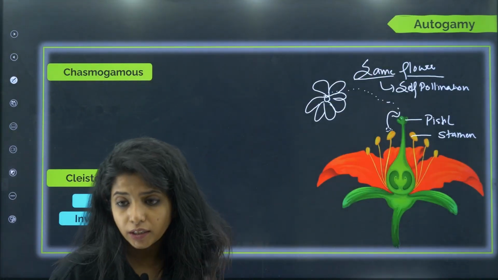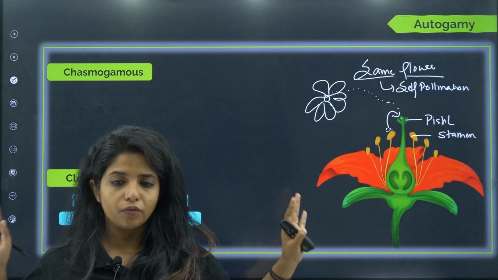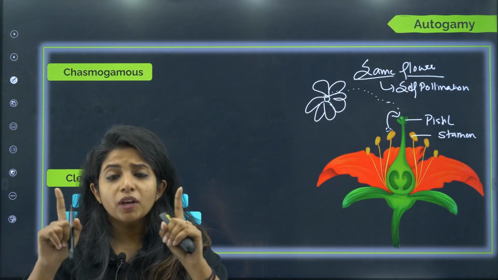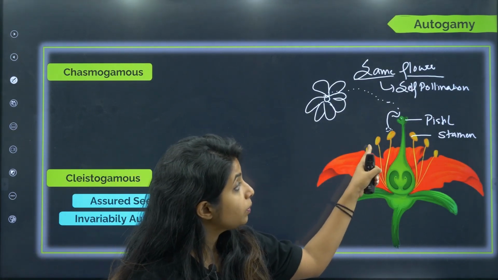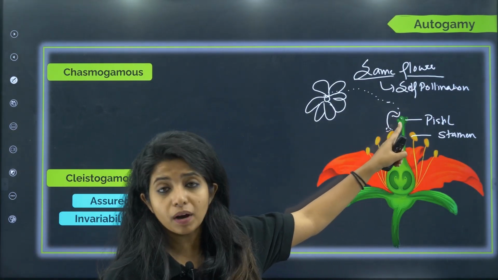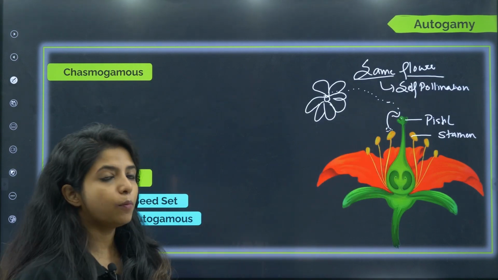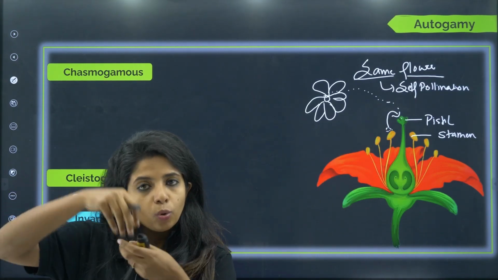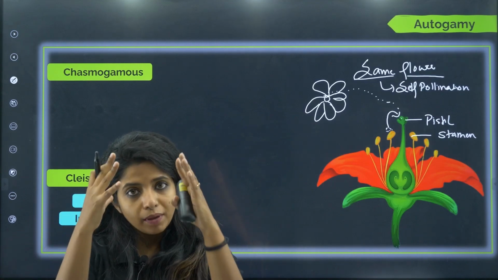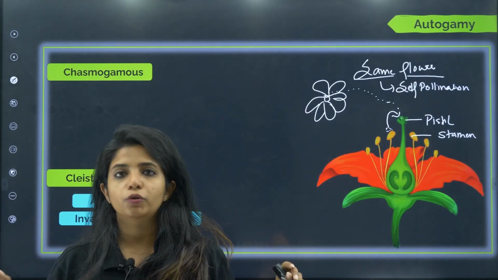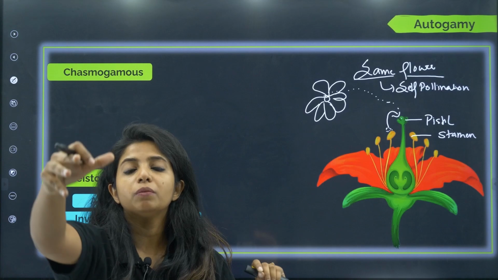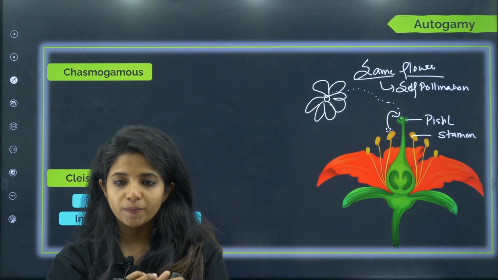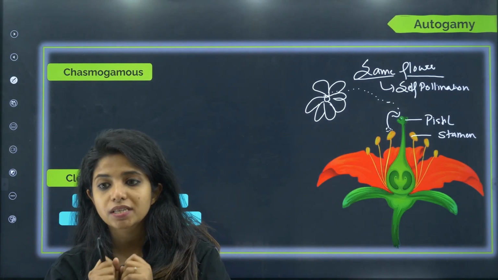Now, if I want a flower to be autogamous, the most important thing is that the pollen should be released at the same time when the stigma is receptive. For example, pollen grains are released, but the stigma is not receptive. Will it land on it and make a pollen tube and send everything inside? No, nothing will happen. It is like you throwing a ball, but there is no one to catch. So, that synchronization is needed over here.